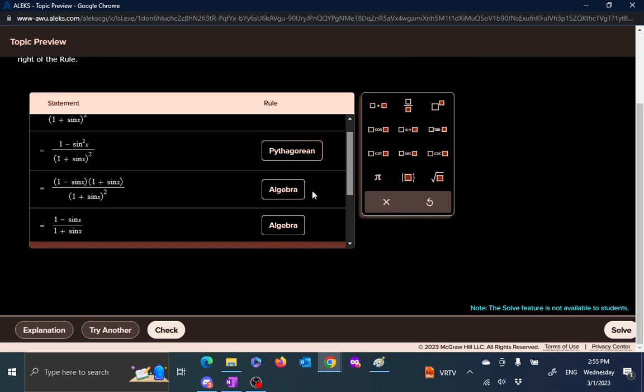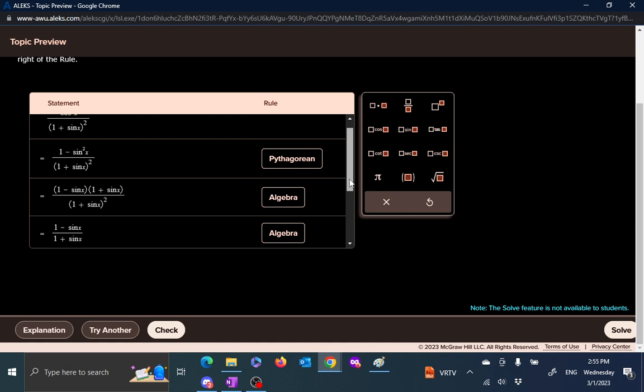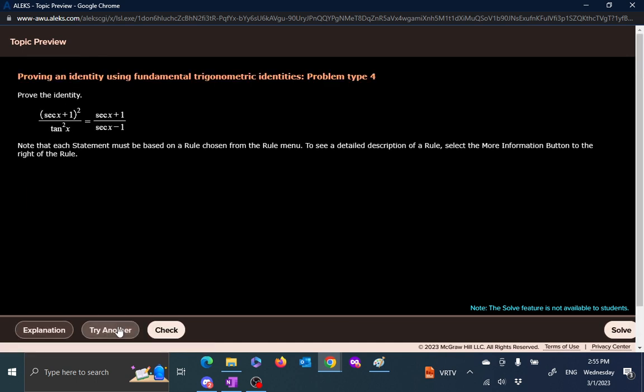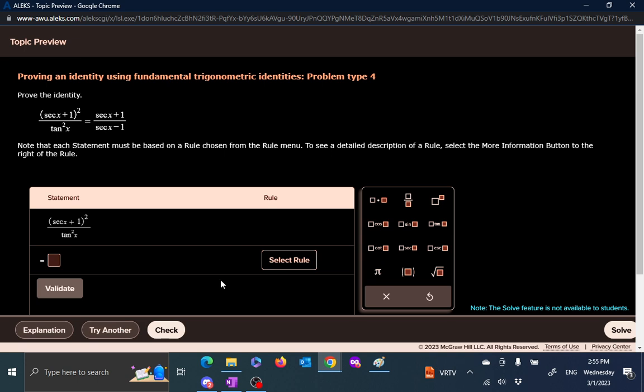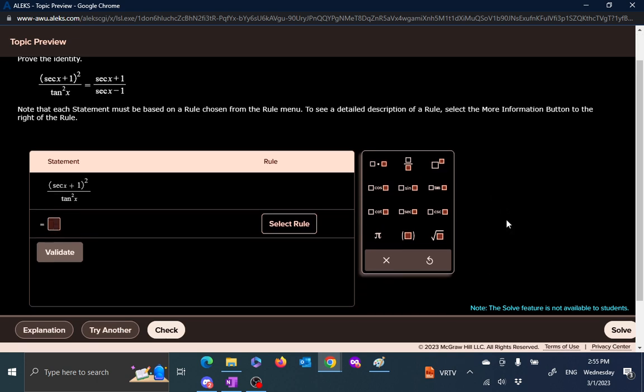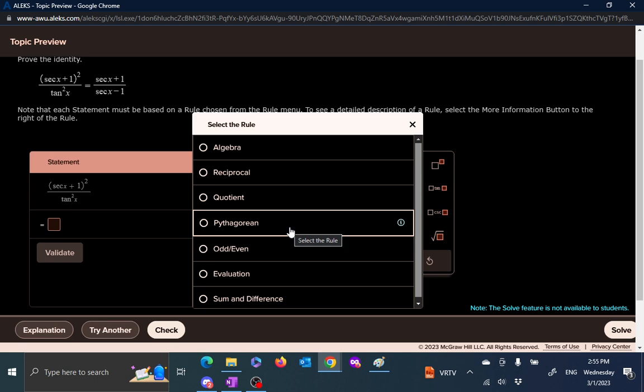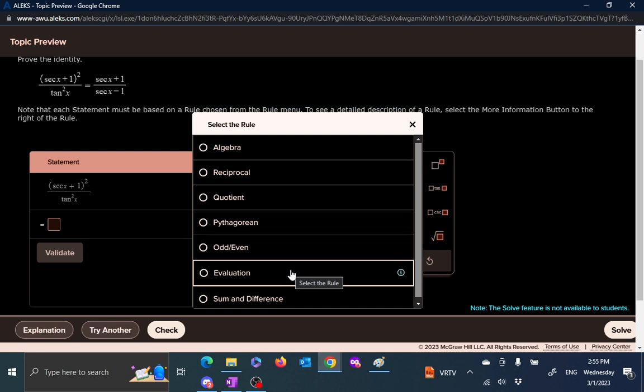Let's go to another one. As I was mentioning, our identities are expanding. Other than the basic ones that we have, we also have evaluation and sum and difference. I'll be explaining that when we come across them.